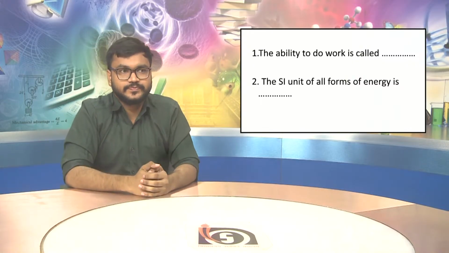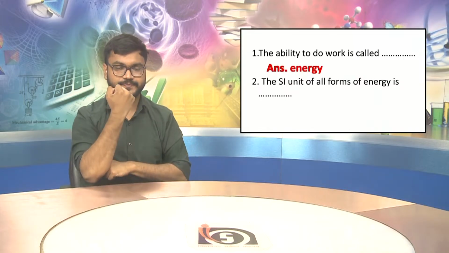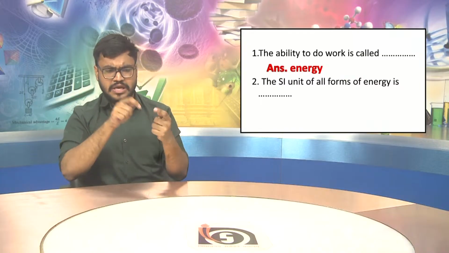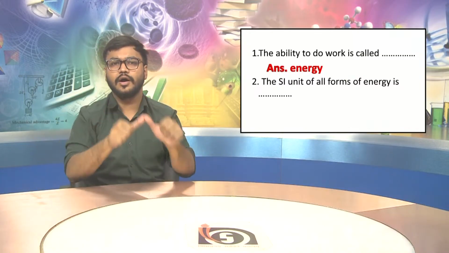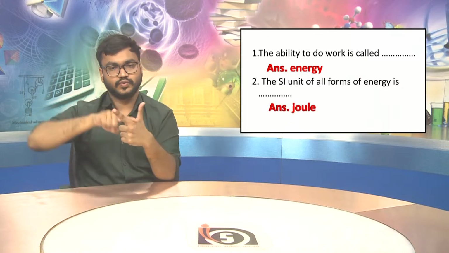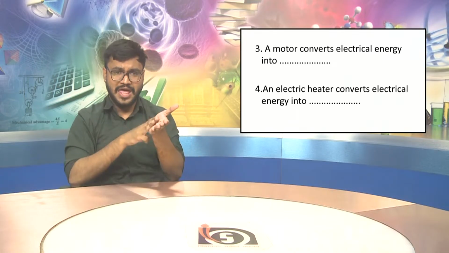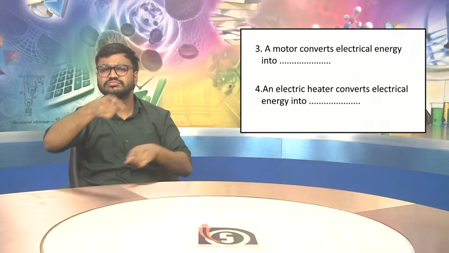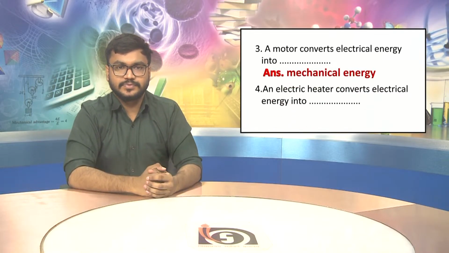Now fill in the blanks. The ability to do work is called energy. Second, the SI unit of all forms of energy is called joule, or we can write it as J. Third, a motor converts electrical energy into which energy?